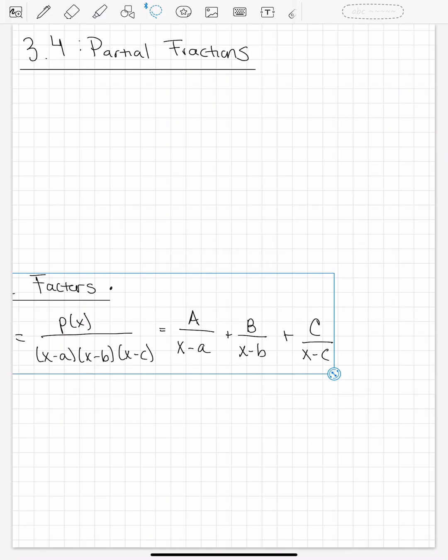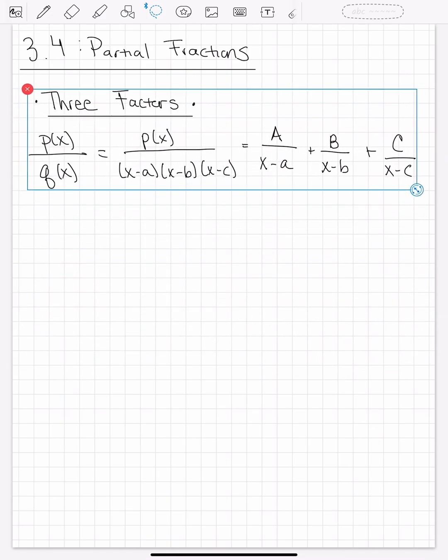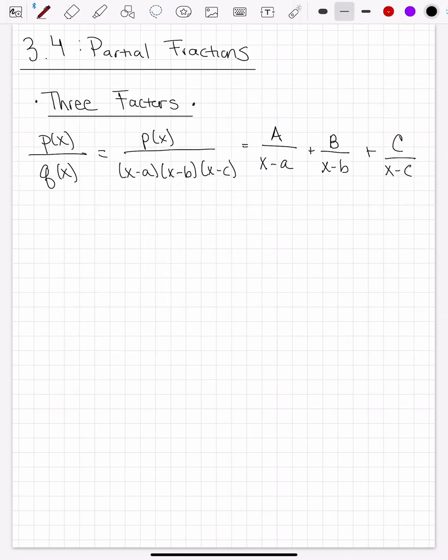In this video, I will continue section 3.4 on partial fractions, but this time I will do an example with 3 distinct linear factors. So remember from the last video that when we have 3 factors, this is pretty much what we're going to do. We're going to start with an integrand, right? The function that we're integrating is going to look like this, like a rational function.